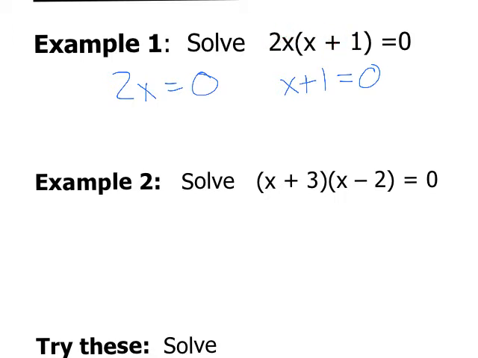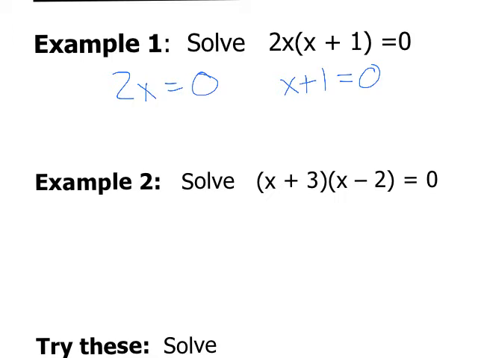Those are the 2 pieces, right? In order for this whole thing to be 0, either this part could be 0 or this part could be 0. Because if this part is 0, this times 0 times anything would be 0. If this part was 0, 0 times anything would still be 0. Okay? So I'm just solving these 2 equations separately.